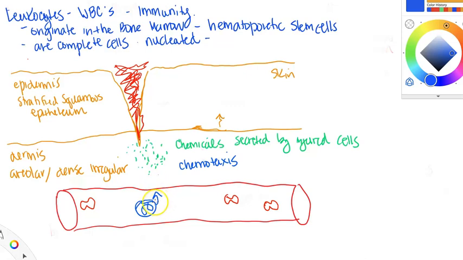And then the white blood cell will get to this area and sort of seep through the wall of the capillary. The capillary wall is one cell layer thick of squamous cells, so very thin and very delicate.